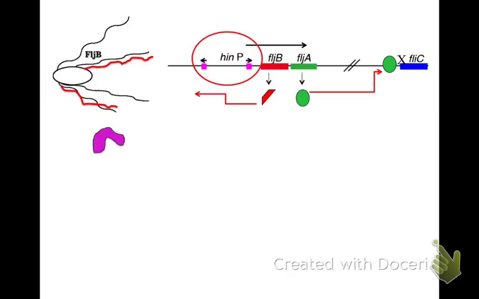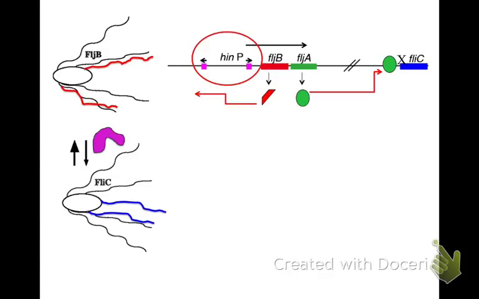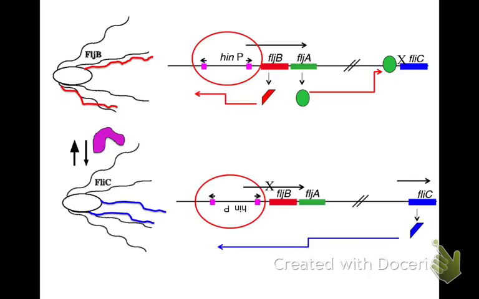Now when Hin is made, it's going to bind to those purple boxes. I don't have a perfect match for the color. And what that does is it's an invertase. We've already established that. And it's going to invert this very specific region on the chromosome because it's site specific. It's only going to recognize those sites.